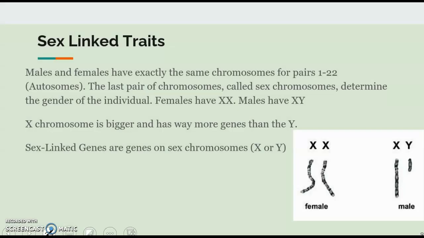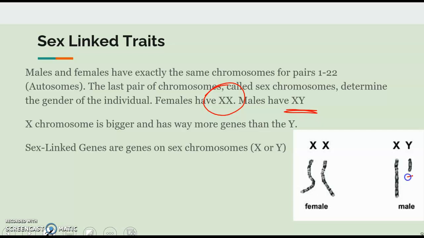So sex-linked traits. Again, remember that we all have 23 pairs of chromosomes. Those first 22 are your autosomes, and that last pair is your sex chromosomes, right? Females are XX, males are XY. The X chromosome is physically bigger, right?